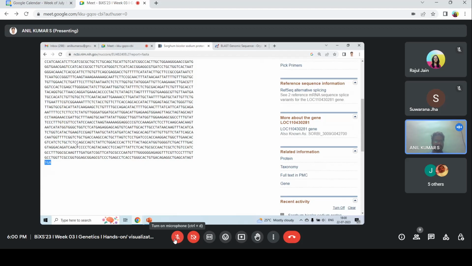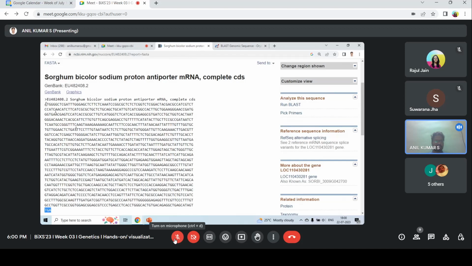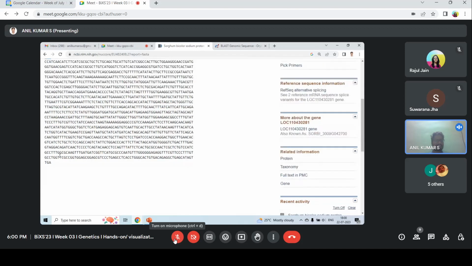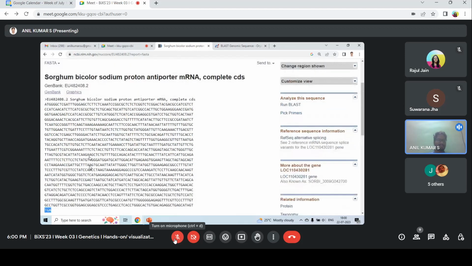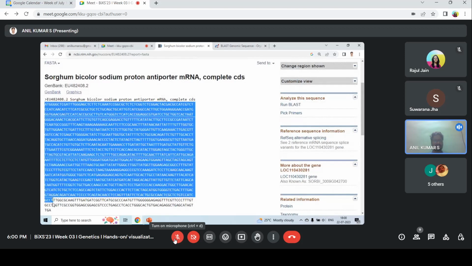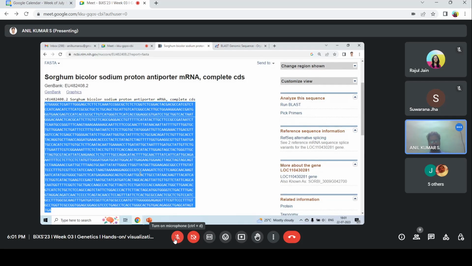In this sequence, ATG is at the 5' position and TGA is at the 3' position. You need to remember one more important thing: this entire length should be divisible by 3, because in the previous sessions Pushpendra sir told you that 3 nucleotides, a codon, code for 1 amino acid. So the entire sequence should be divisible by 3.